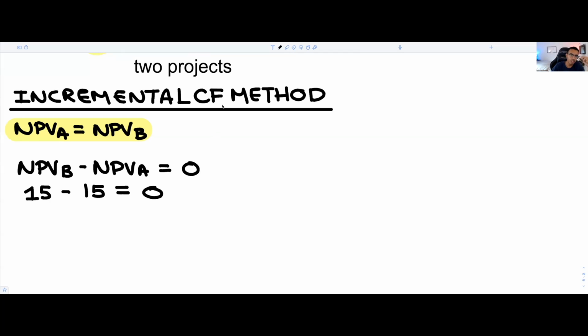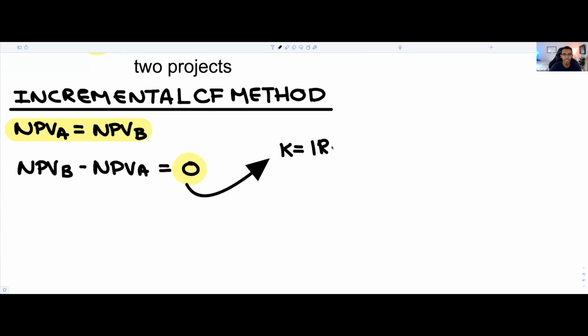But what's really interesting here is that we actually know something about NPVs. And I hope this rings a bell to you, and we'll highlight it once again in yellow. The point at which an NPV is equal to 0 is a very interesting point. The point at which your NPV is equal to 0, well, that's the K that is equal to the IRR.